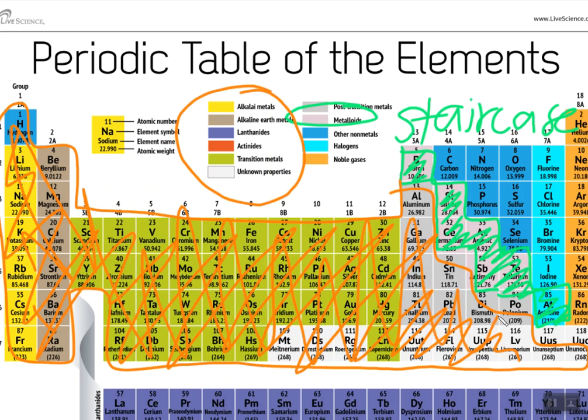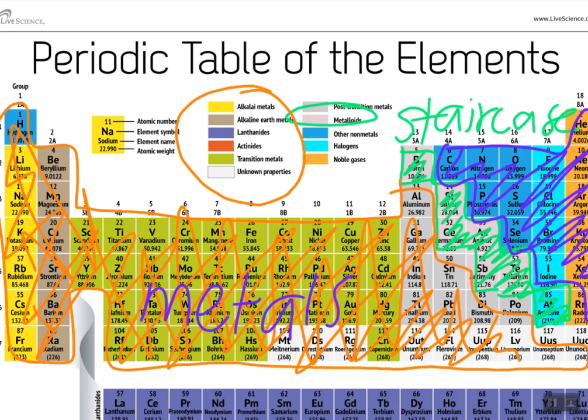You're probably asking, then what's on the right of the staircase? Well, what's on the right of the staircase is nonmetals. So all of this stuff are all nonmetals. Back there, metals. I'm just going to put NM, nonmetals.